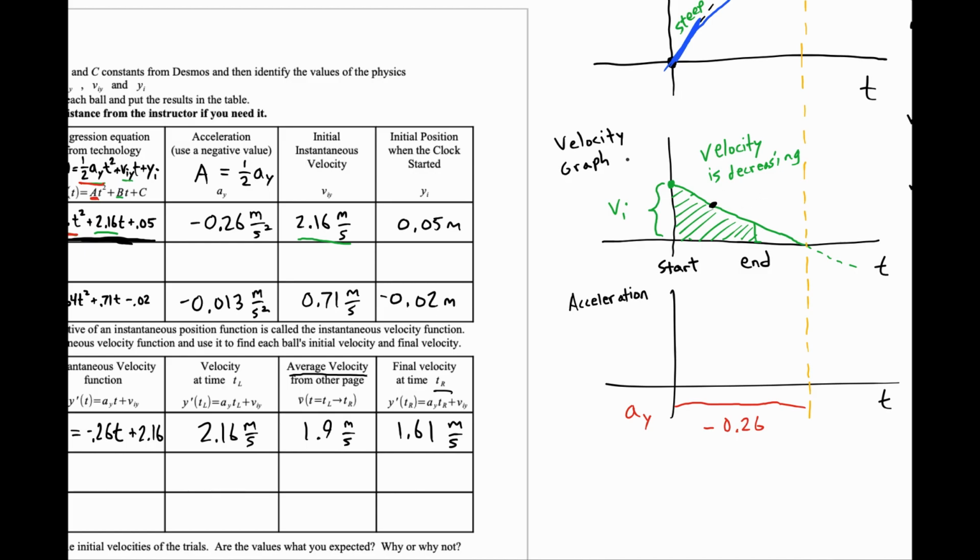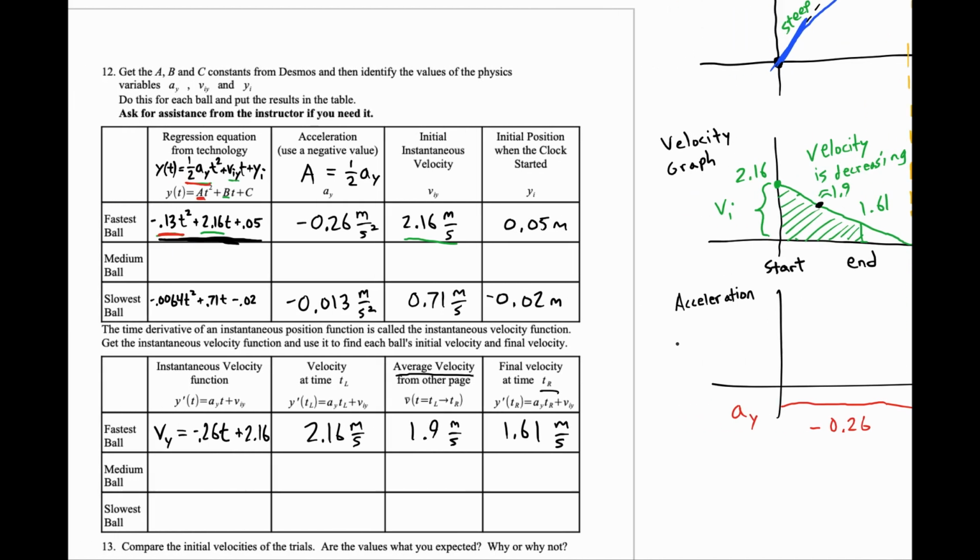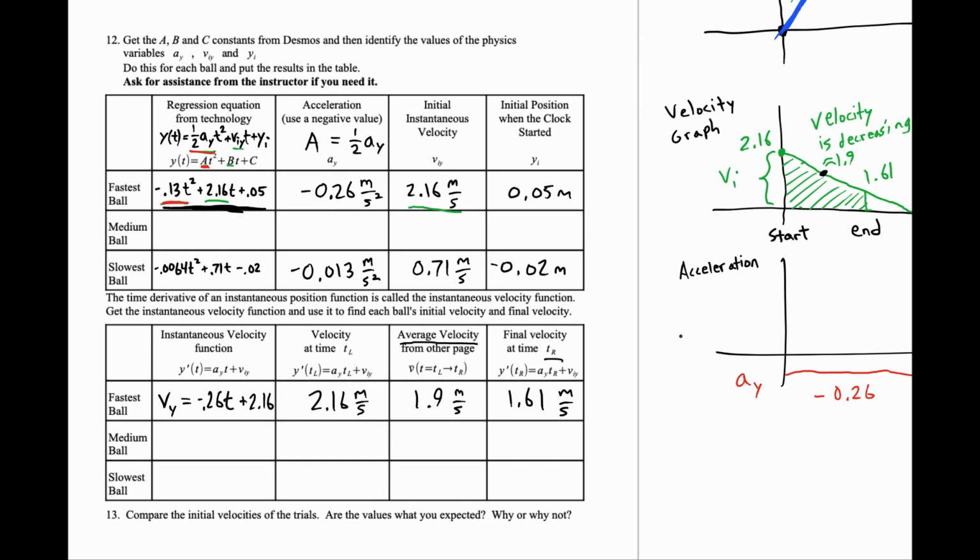And so my values say that I start off with 2.16 and my speed goes down to 1.61, and then somewhere in the middle is approximately 1.9, which is my average. But yeah, that's the basics.